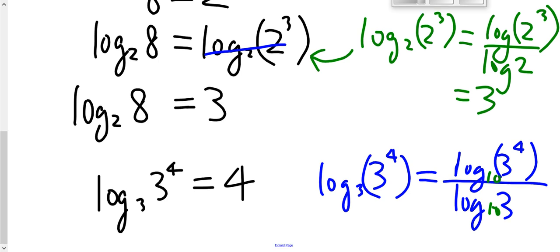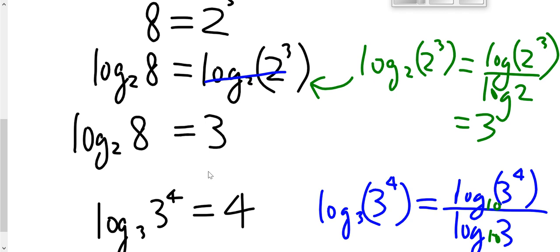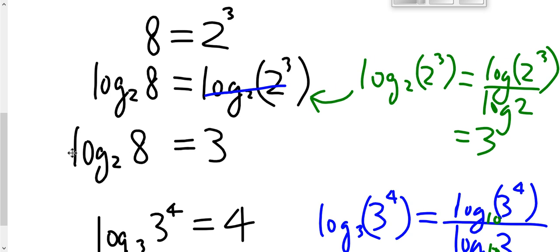Now before we go back to the notes, let's look at this again. So here, this is the example. So what I would like you guys to look at is you can take the base 2 of the log, move it to the other side, like this.